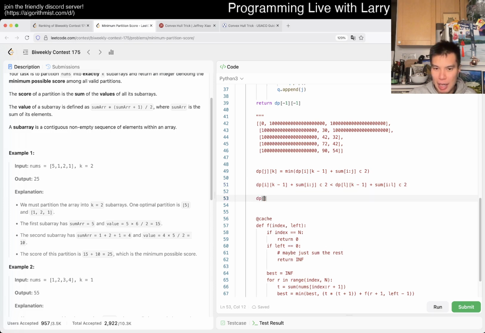So then you have dp i k minus 1 minus, see, that's the thing that I was trying to figure out how to do, but sum of i j, choose 2, technically negative, so can I just keep it negative, right? Sum of i l, choose 2 minus this, right? Yeah, we ran out of time, but okay.